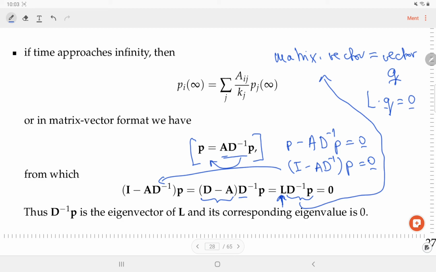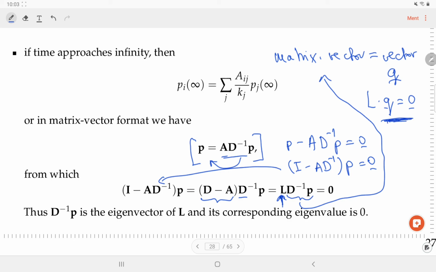This is a homogeneous equation, but it can also mean that this is an eigenvector problem.